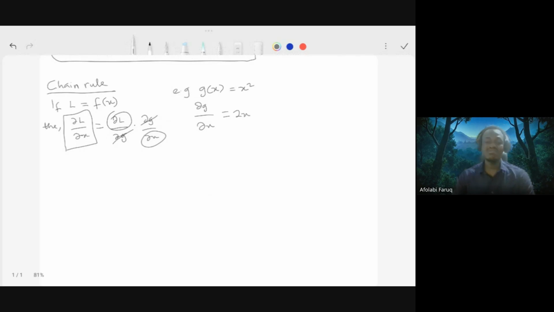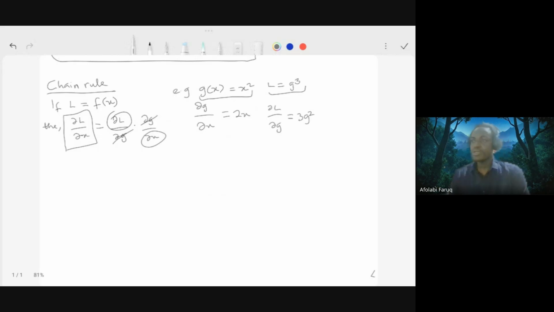That's the first derivative of the function G of X. Now, we have another one that says L equals G to the power of 3. So this is the first function, and this is the second equation. So L equals G to the power 3, so dL/dG equals 3G raised to the power of 2, right?